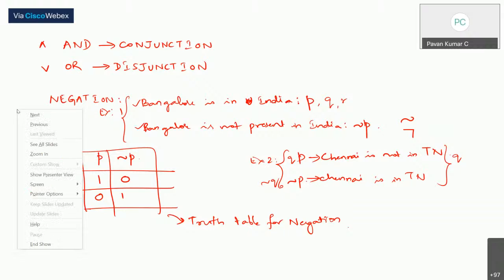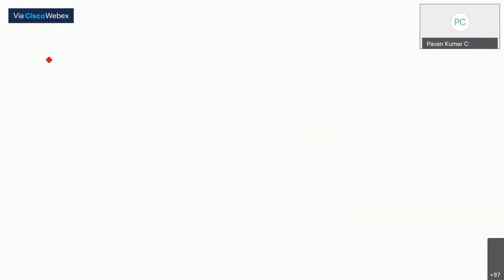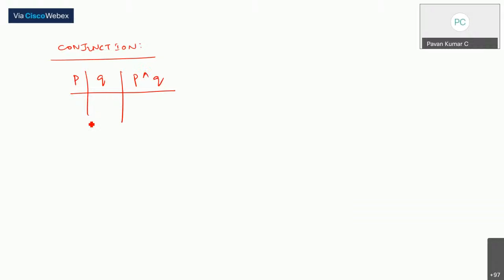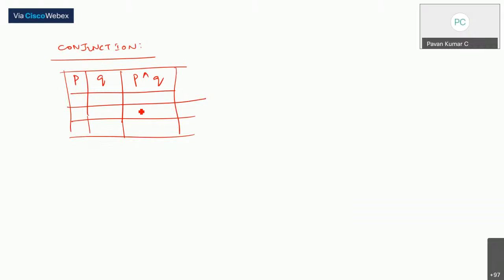For example, if I take another example for the conjunction or the AND case, now I require two variables here. There are two propositions which are indicated by P and Q, and their connection by P and Q. Before that, how do I fix the number of rows required here?